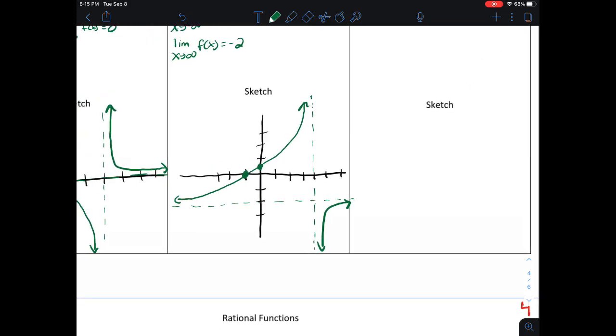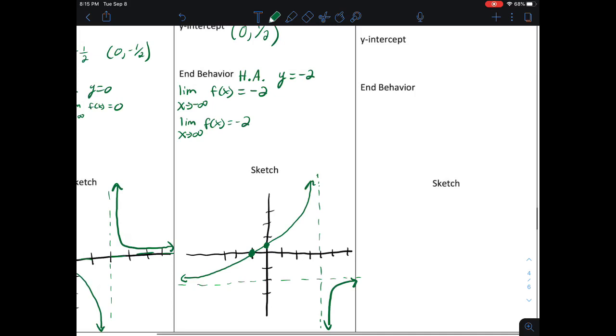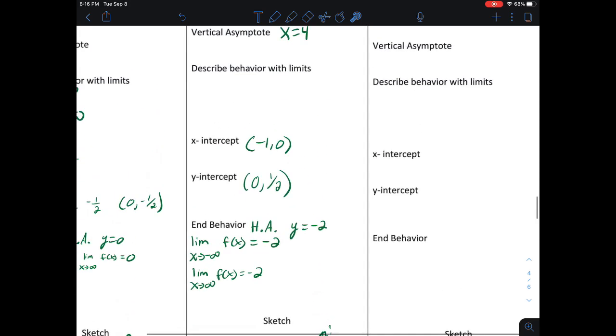Now let's write the behavior of the function around its vertical asymptote. So what we're going to do is write the limit as x approaches 4 from the left and from the right. As x approaches 4 from the left-hand side, the graph is increasing without bound. It's going to keep going up. So we would write this behavior as the limit as x approaches 4, with a directional indicator from the left side, a little negative sign superscript.